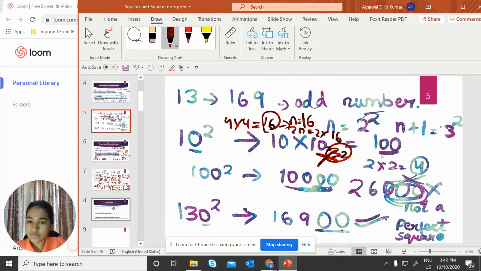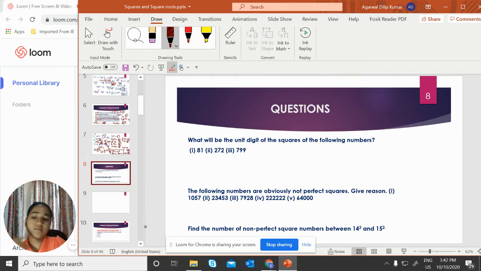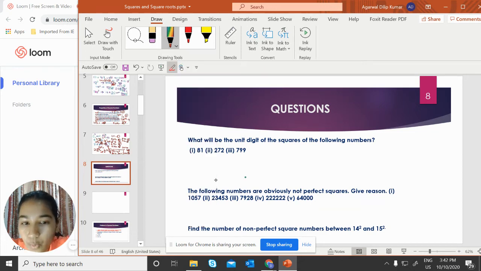Okay. So let's solve a few questions related to it so that we become more clear with the properties of square numbers. The first question asks what will be the unit digit of the squares of the following numbers. So they're only asking about the units digit.